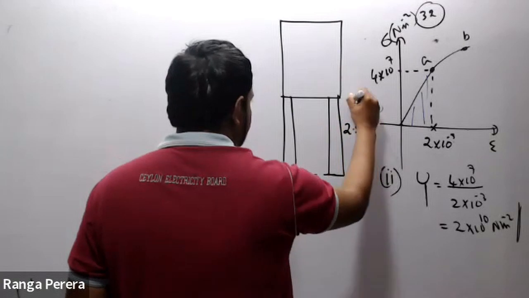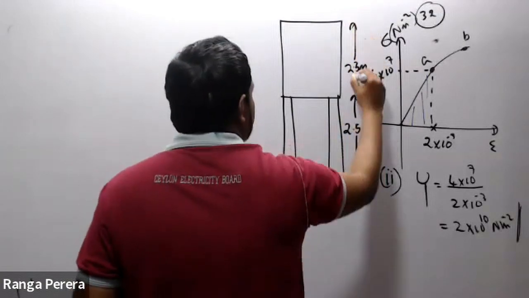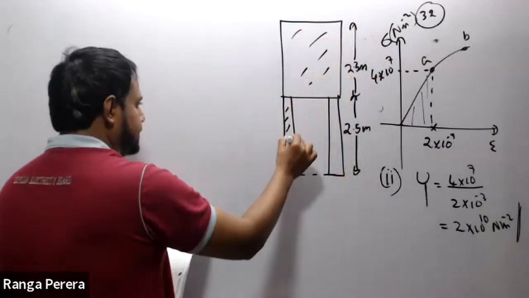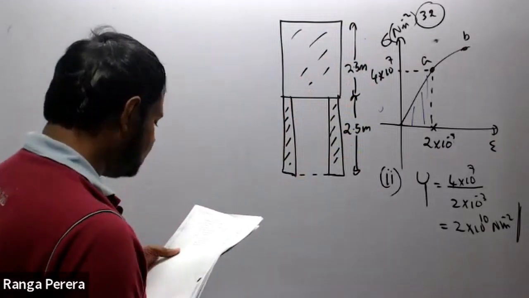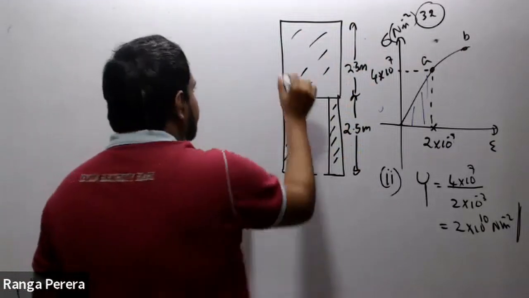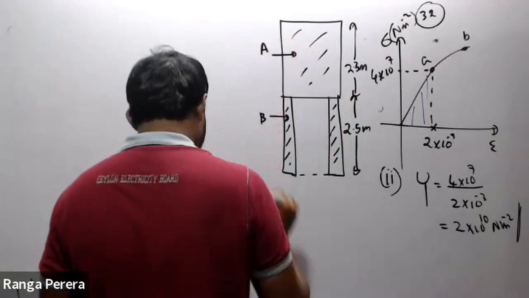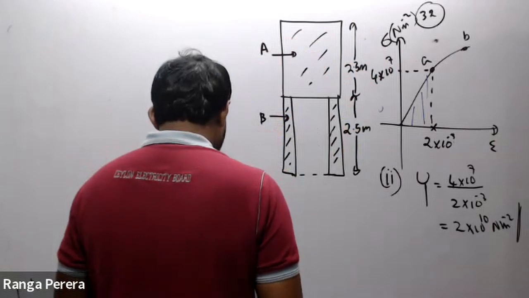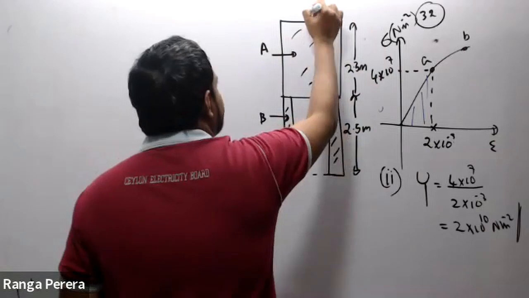Each one is 2.5 meter. This is the solid one, but this is the hollow cylinder. This is taken as A, this is taken as B. Radius of A is 10 centimeter.